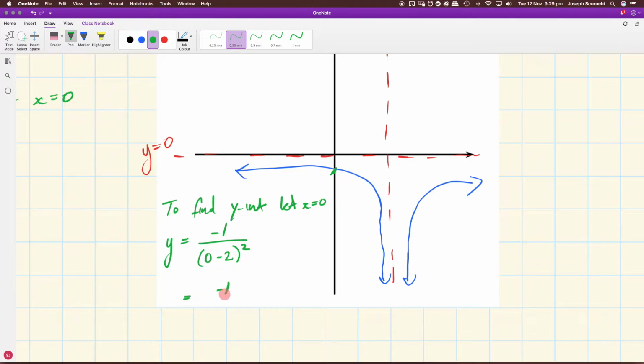Negative 2 squared will be 4. So I'm going to get negative 1 over 4. And that makes sense because I'm negative down here. So this point here will be (0, negative 1 over 4).